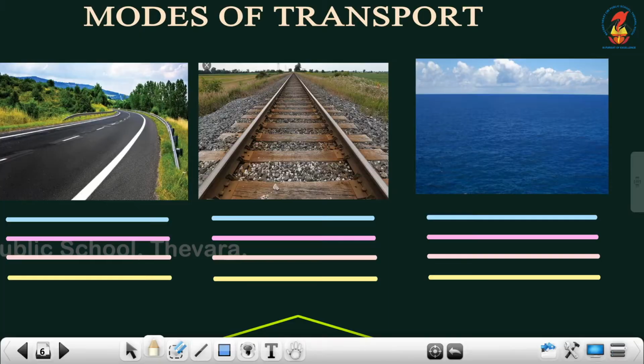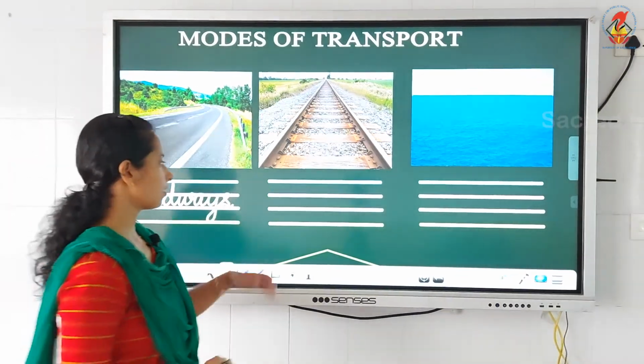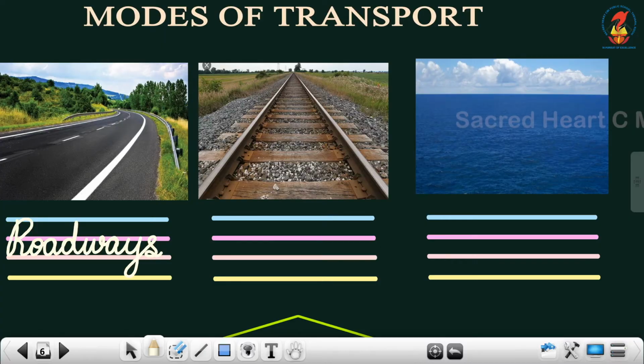The first one is roadways. Mostly we use roadways. And again, for some longer distance we use railways.